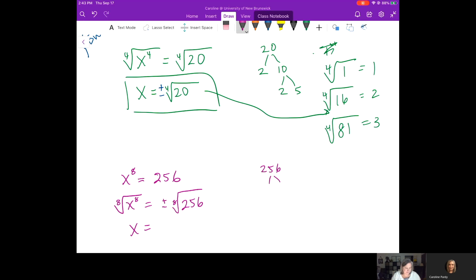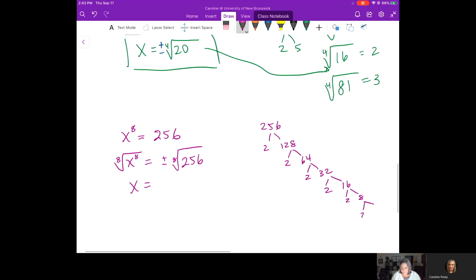So 256 divided by 2 is 128. 128 will divide by 2, 64. 64 divides by 2, 32 divides by 2, 16 divides by 2, and 8 divides by 2, and 4 divides by 2. Now let's count: 1, 2, 3, 4, 5, 6, 7, 8. The 8th root of 256 is 2.